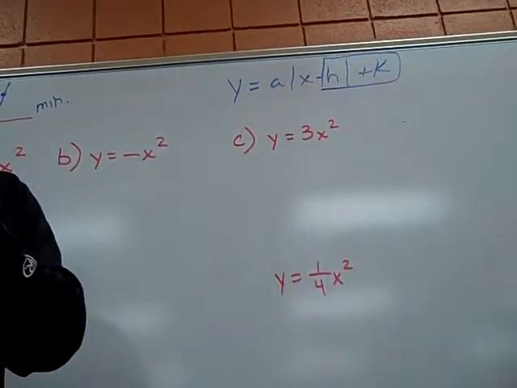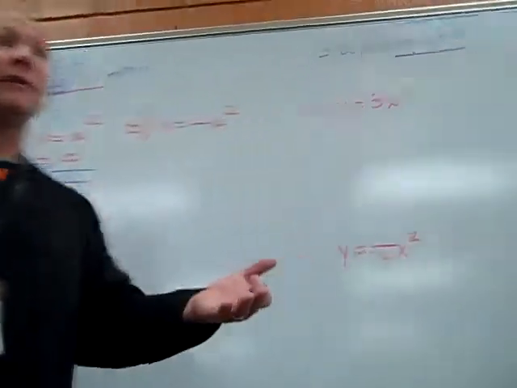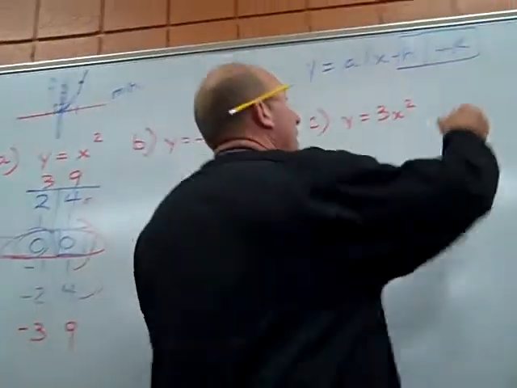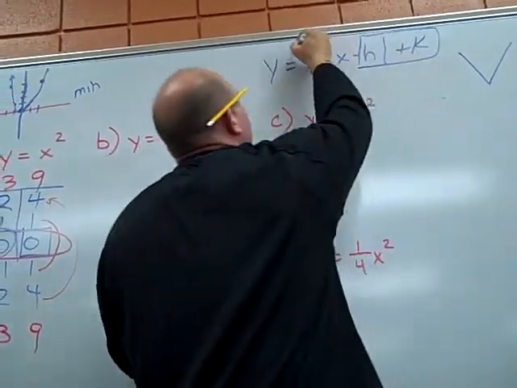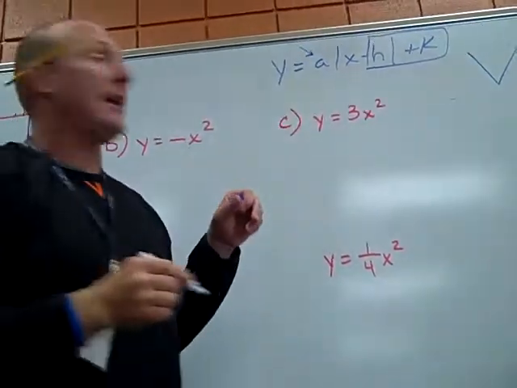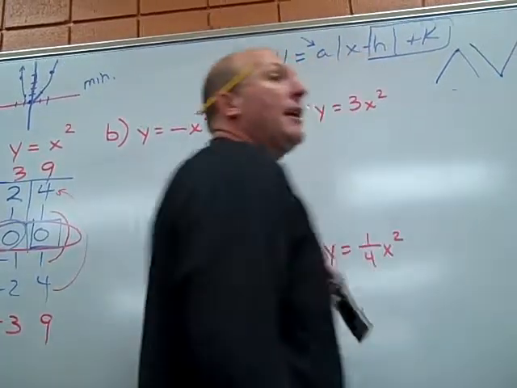Right, of your vertex. Because the absolute value had a vertex also. And it was either up, based on this being positive or negative, or down. There was your vertex. How high, how low.